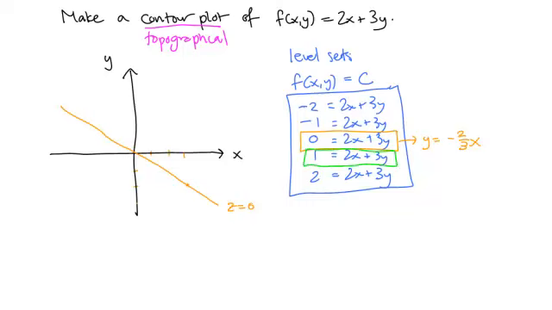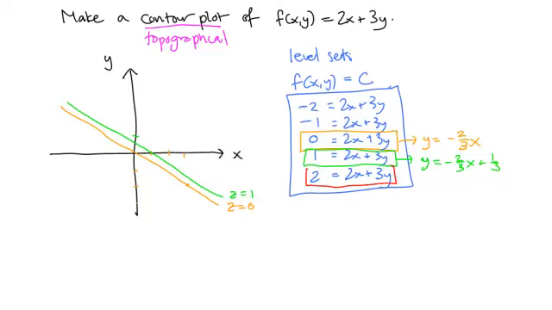Similarly, if we were to solve this equation, we would get y is equal to -2/3 x plus 1/3. So that's parallel to the original line, but it's just 1/3 unit higher, has a higher y-intercept. And so its trace would look like this.